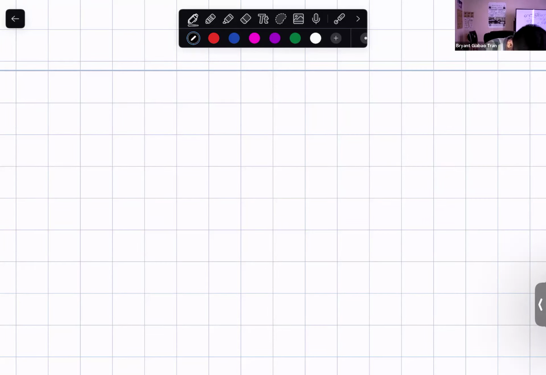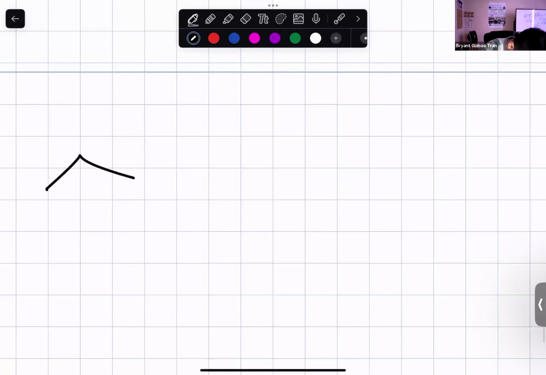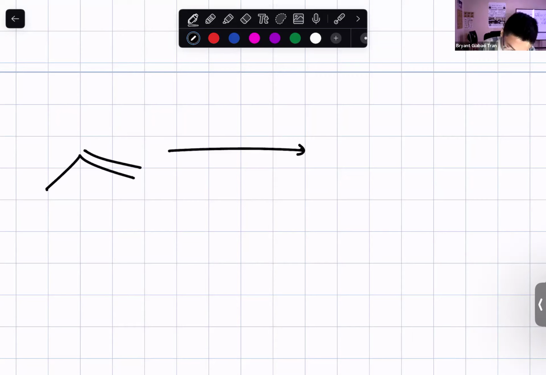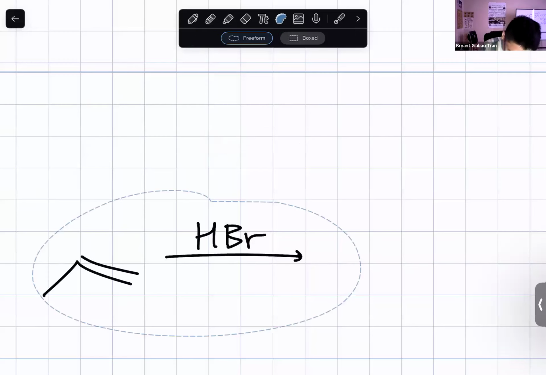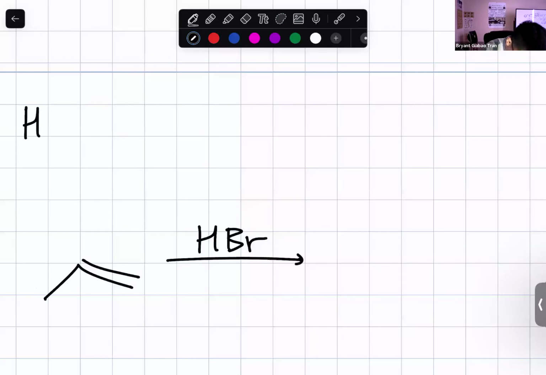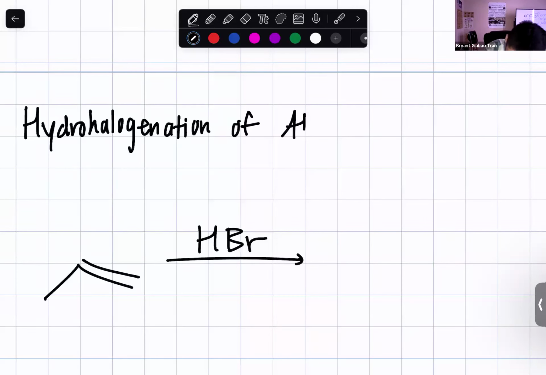here is a basic alkene right here, a carbon level one alkene. And this is going to react with HBr, HX. So if I were to name this reaction, this is going to be hydrohalogenation of alkene.